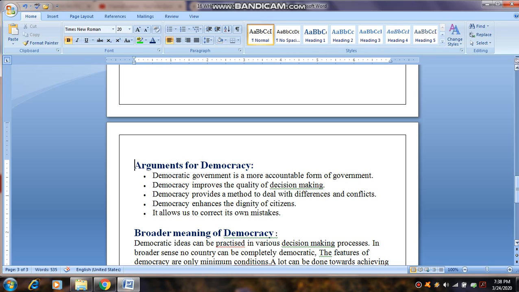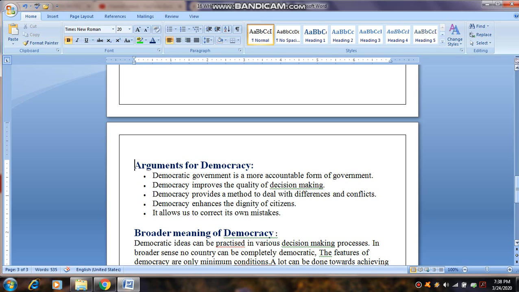Definitely democracy improves the quality of decision making, because in a democracy, before passing each and every rule, there is a discussion, in which they consider all the good and bad points about that rule.